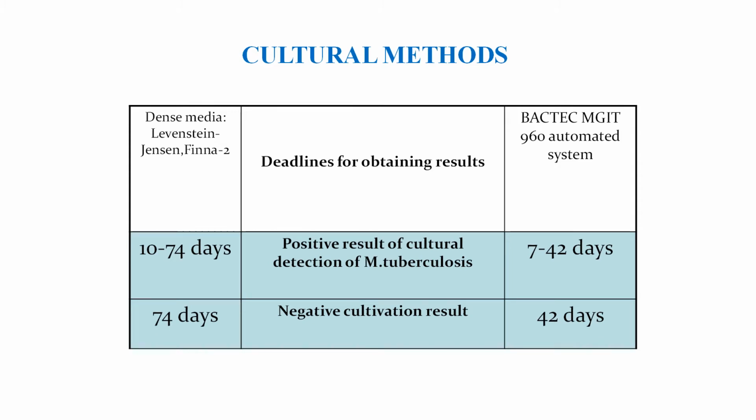For dense media, Löwenstein-Jensen, a positive result of cultural detection of Mycobacterium tuberculosis is about 10-74 days. For the BACTEC MGIT automated system, it is about 7-42 days. For a negative cultivation result, dense media take about 74 days, and the BACTEC MGIT automated system 42 days.